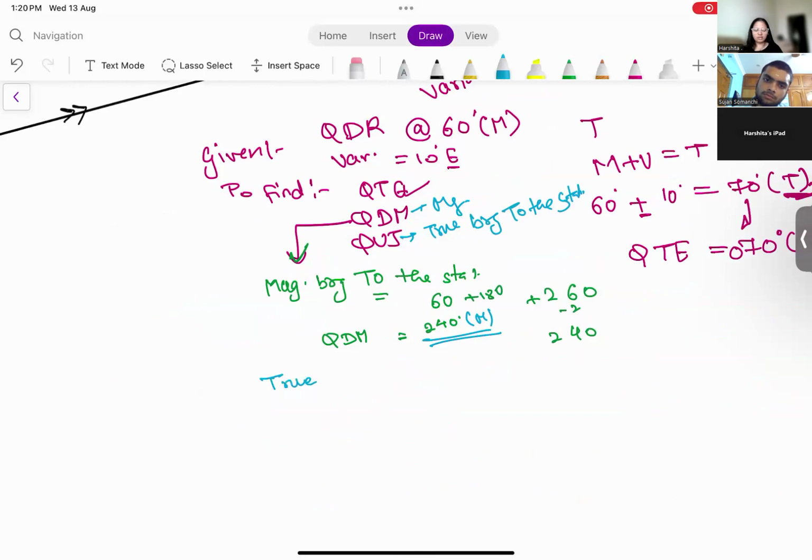I'm asking the true bearing to the station, and the given variation is 10 degrees east. Tell me the value. Magnetic is given as 240. You have to find true when the variation is given as 10 degrees.